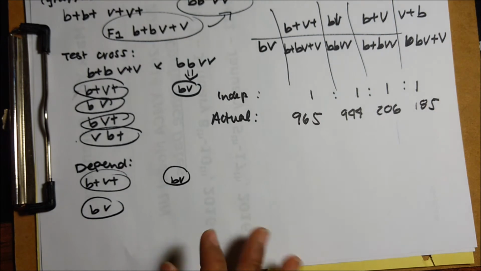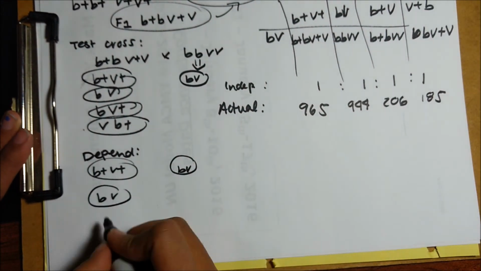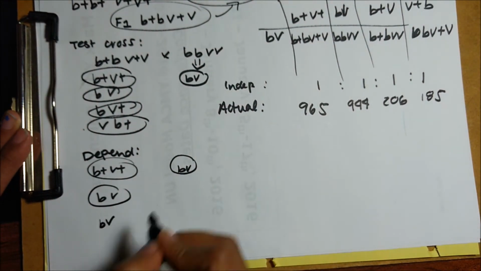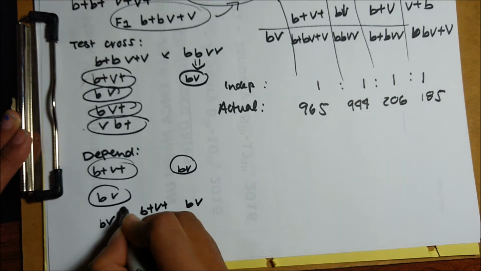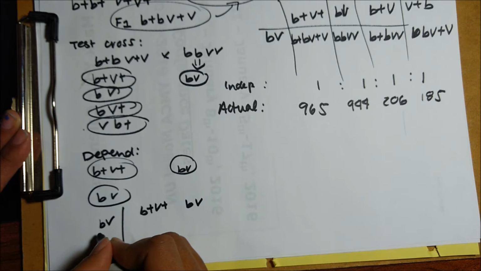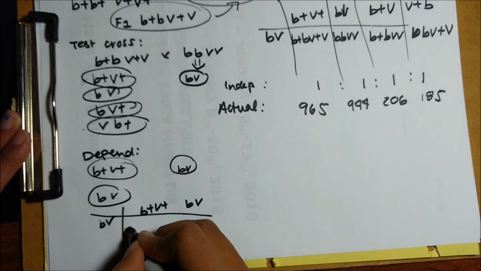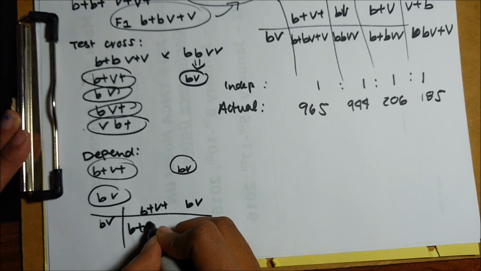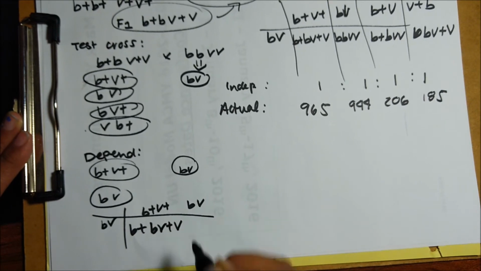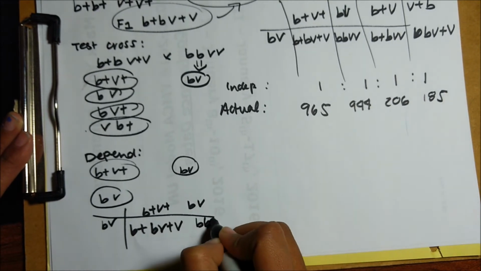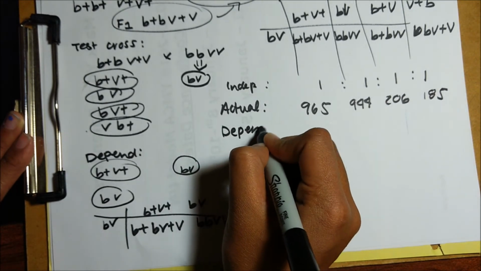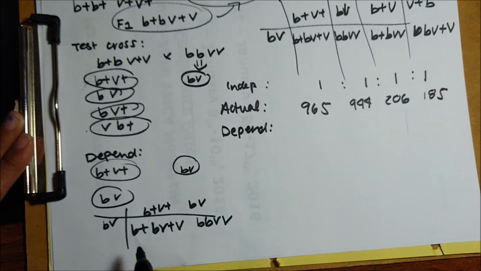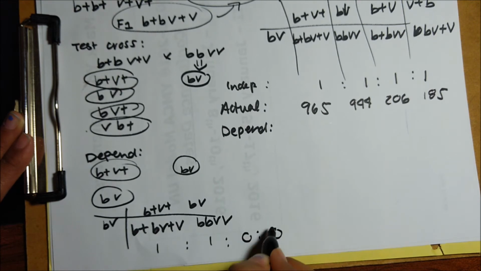And the Punnett square would look like BV mating with a B plus V plus and a BV. That would be our first one. That would be our second one. So according to dependent, the ratio would be 1 to 1 to 0 to 0.